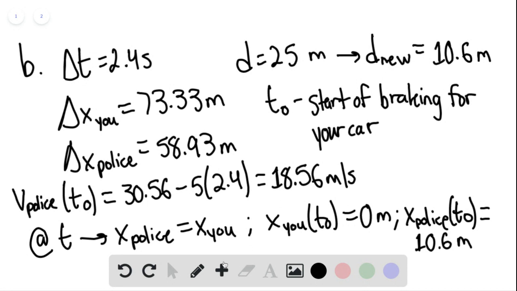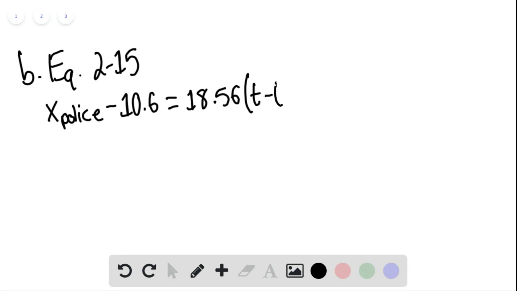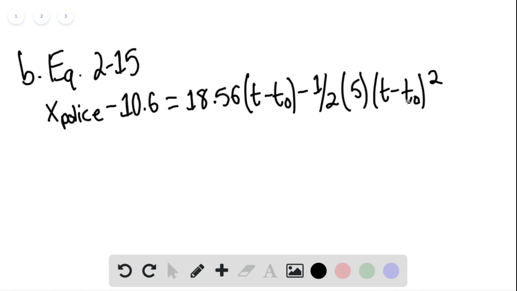So now we're going to apply equation 215, and we can say that the x position of the police car minus 10.6 would be equal to 18.56 times t minus t initial minus 1/2 times 5 times t minus t initial squared.